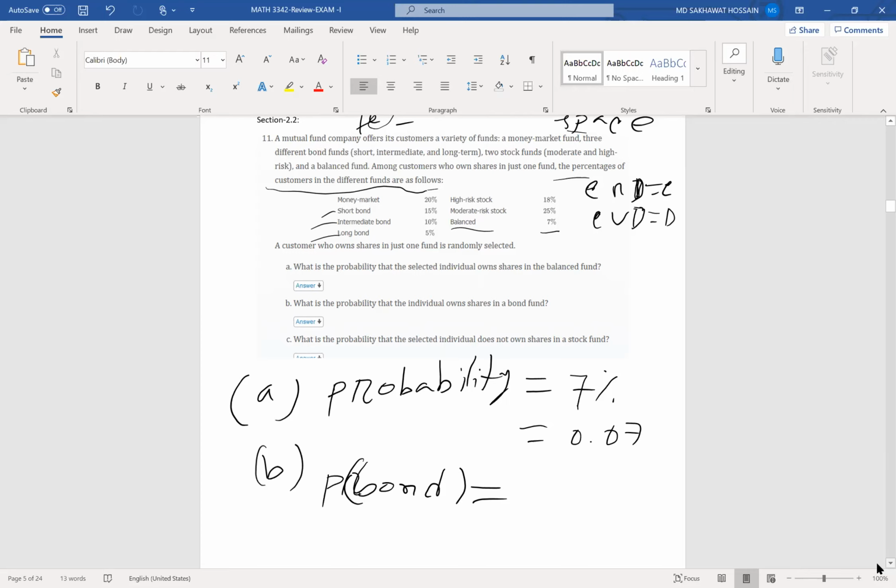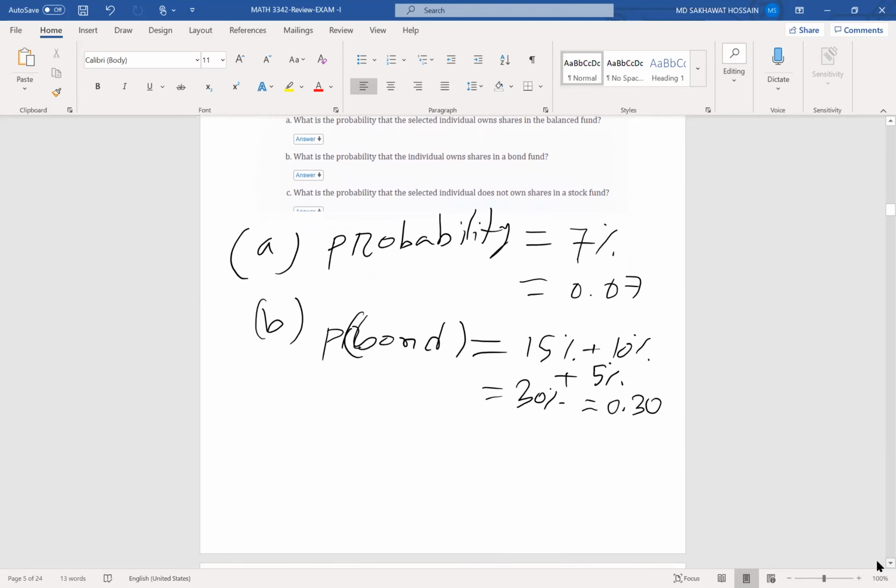Short bond is 15%, intermediate bond is 10%, and long bond is 5%. So total is 15 plus 10, 25, plus 5, so it is 30%. So the probability that the customer invested in a bond is 0.30.